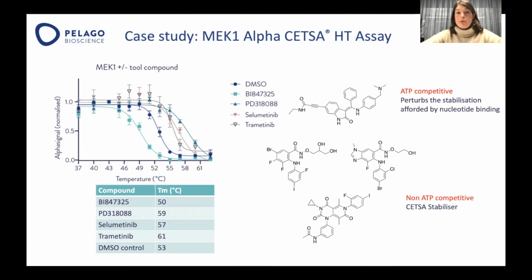We included compounds that were ATP competitive, so they were binding to the ATP pocket, but also allosteric binders. They were non-ATP competitive. The allosteric compounds were all able to stabilize MEC1 upon compound treatment, whereas the ATP competitive compounds were giving a destabilization effect on MEC1.